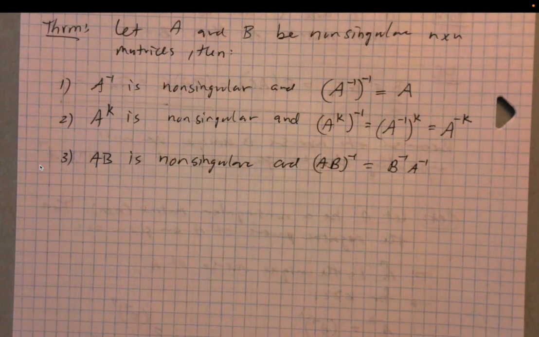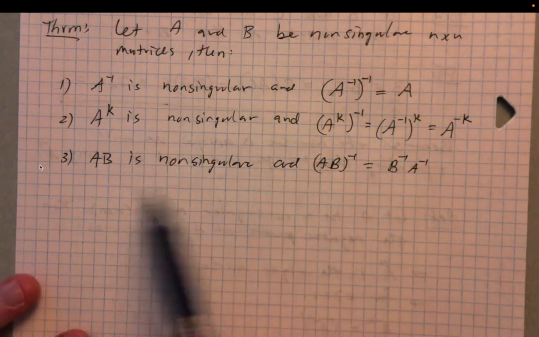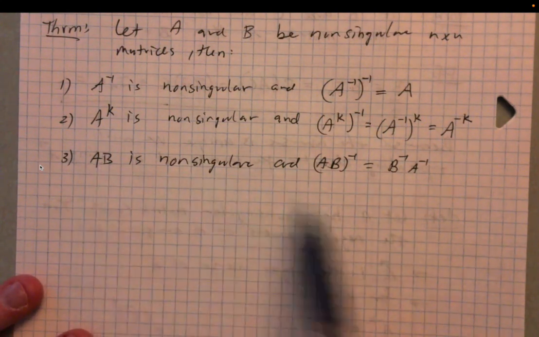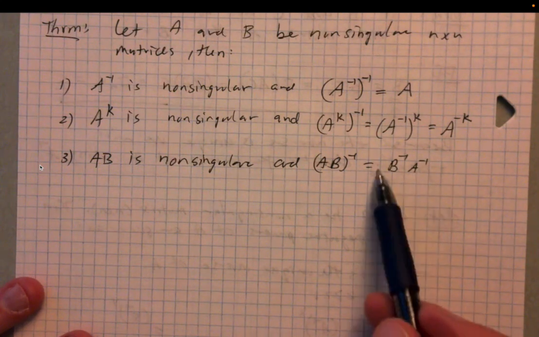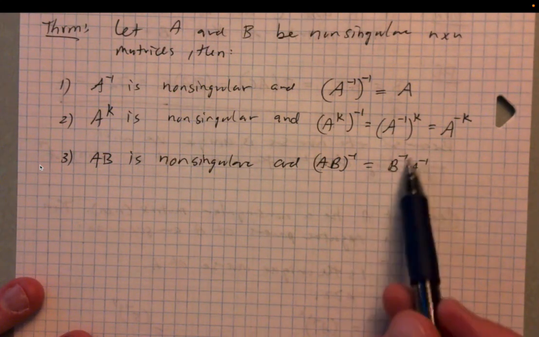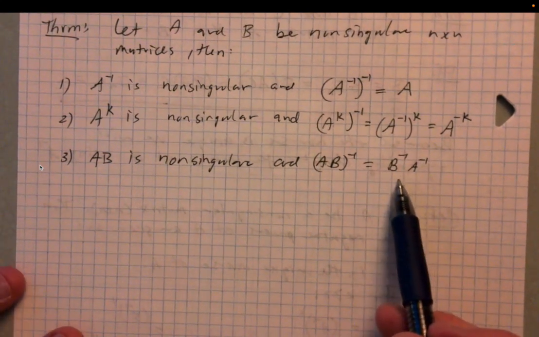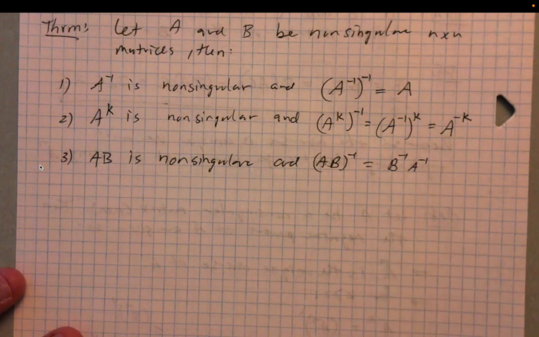Okay, so if I have A and B, and I know they're non-singular, and I know their inverses, then I know the inverse of their product, right? And A times B, the inverse of that is actually B inverse A inverse, right? So the order reverses when we multiply together the inverse matrices. So that's an interesting and maybe unexpected result.